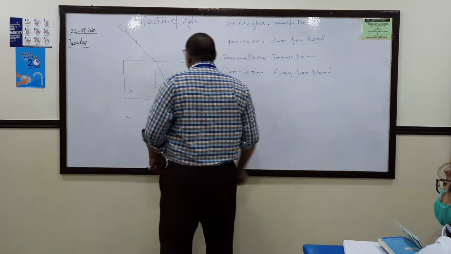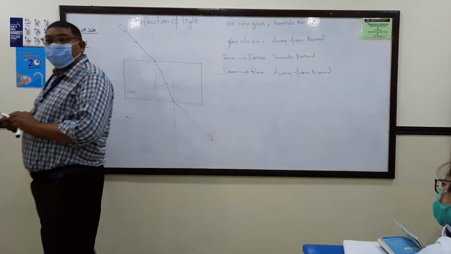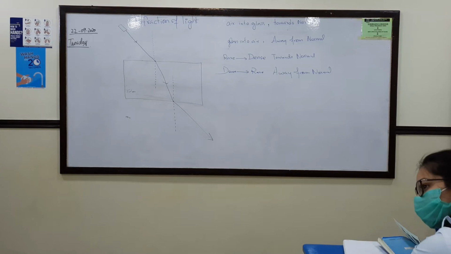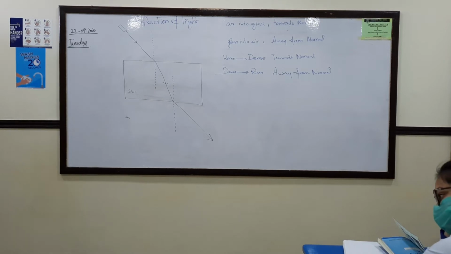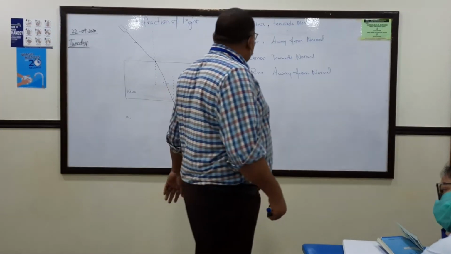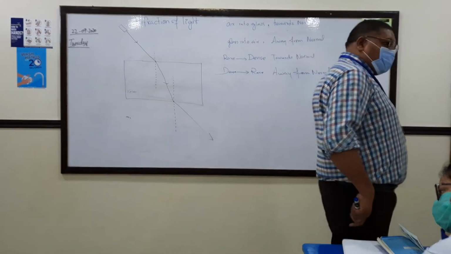You understand? If the light enters from air into glass, it will bend towards the normal. When it enters from glass into air, it will bend away from the normal.